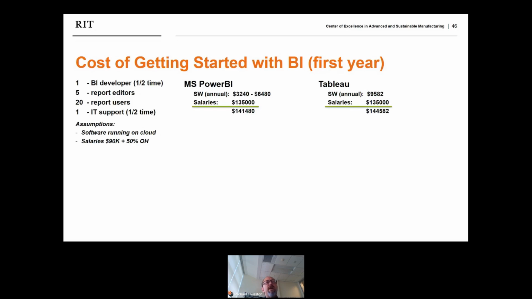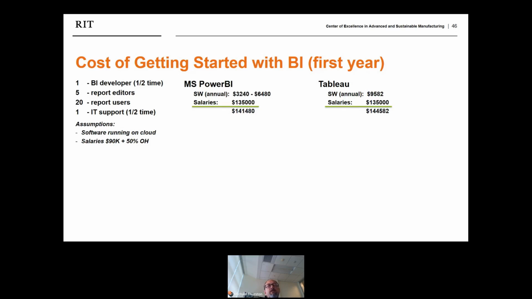You can see that for that number of users, between $3,000 and $10,000 a year, you can get into the software for business intelligence. When you look at the staff time that's going to be needed to develop the applications and the data access, you're going to be paying more for that. This is based on essentially one full-time equivalent that you're paying $90,000 with a 50% overhead. So just to give you a sense of what the costs are.